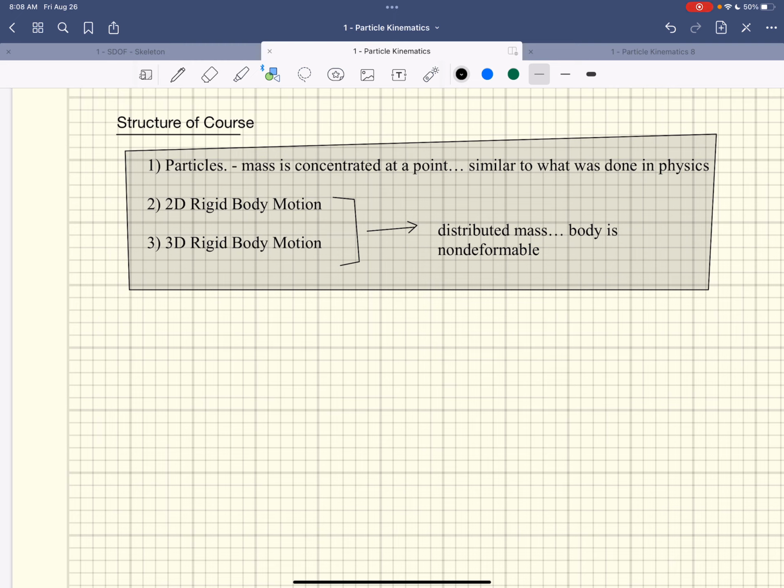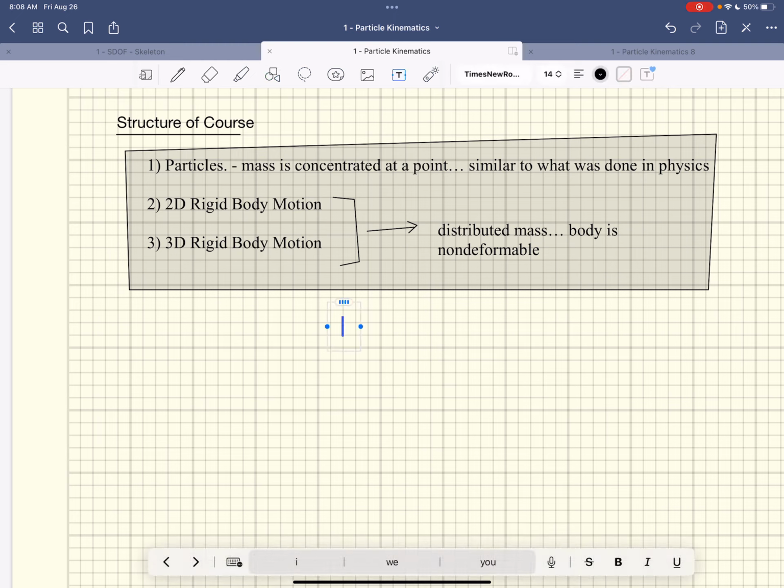For each one of these things, we're going to follow the same path. The first thing we're going to do is kinematics, which is the geometry of motion. We're going to study geometry of motion first for each one of those things. Then we're going to do kinetics, which is forces resulting in motion.